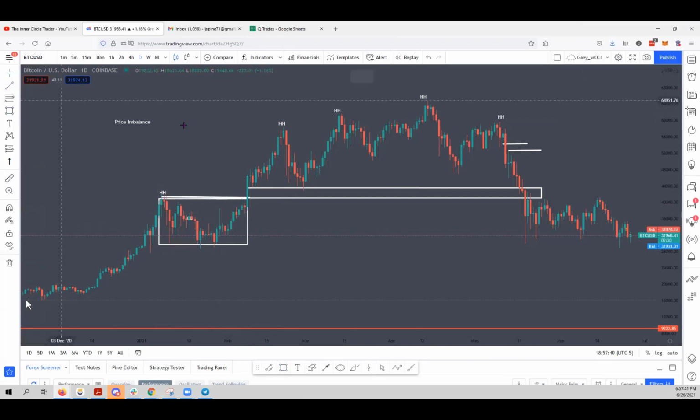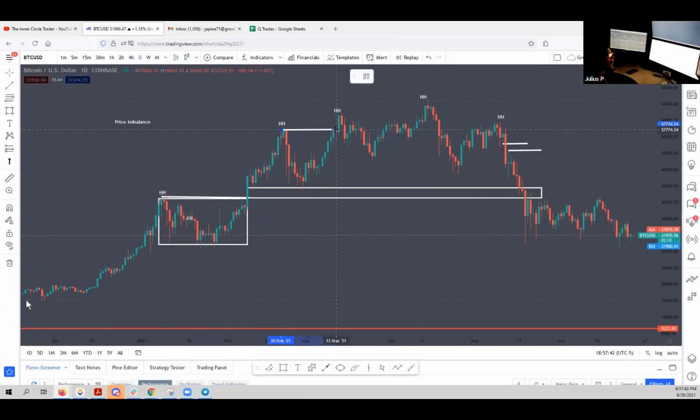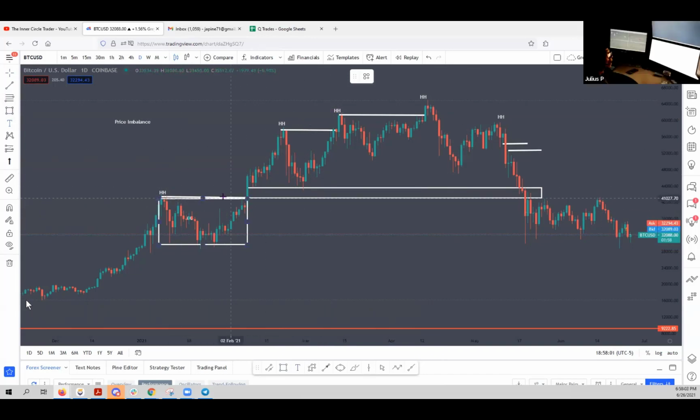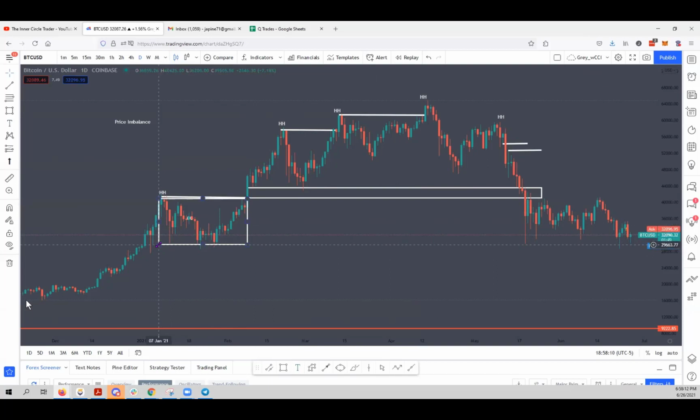Here's another BMS. This here, BMS this. Here's another BMS. This here, BMS this. It's significant because it basically told us that we broke market structure. That's what it told us.